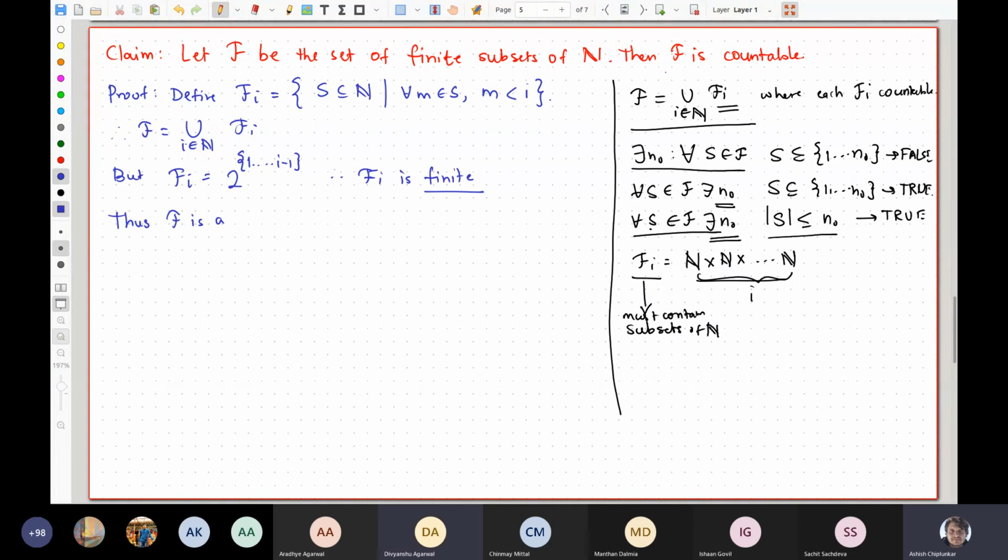Exactly. Yes. All the finite subsets and nothing else. Okay. So thus F is a countable union of countable sets. Therefore F is countable.